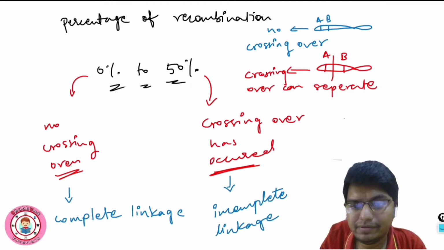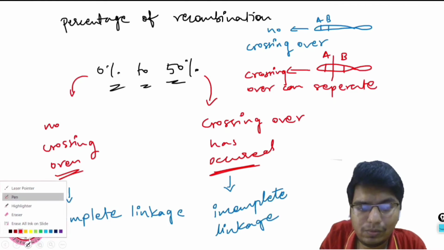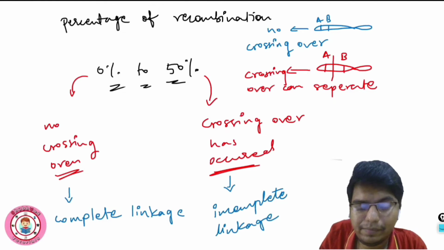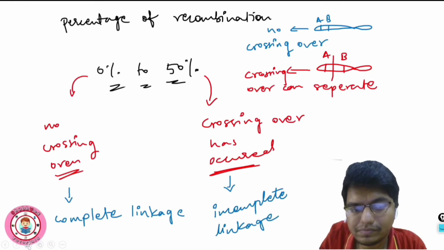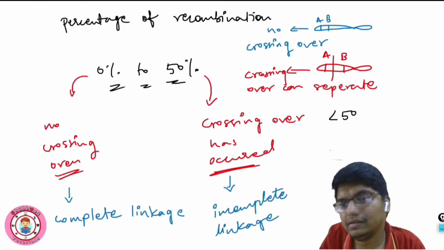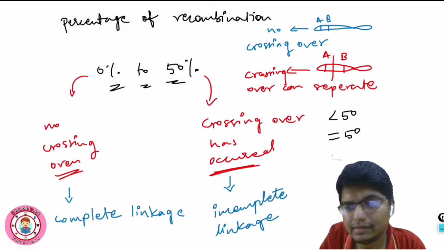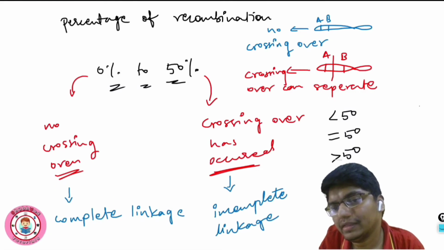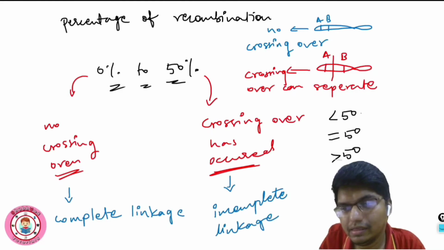So 0% and 50%, less than 50% is one criterion when we see the percentage. Suppose lesser than 50, equal to 50, and greater than 50. Lesser than 50 means genes are close to each other. No crossing over, or crossing over will occur, but the genes are close to each other.